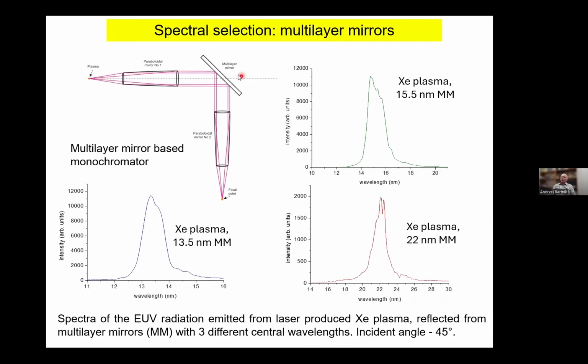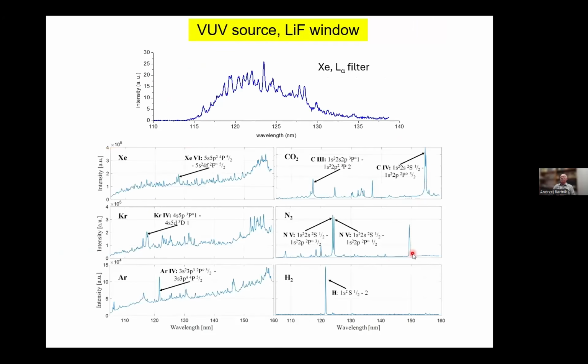We can also select part of the spectra using multilayer mirrors. In this case, for xenon plasma, we can have a maximum at approximately 13.5, 15.5, or 22 nanometers. Of course, there can also be other mirrors.